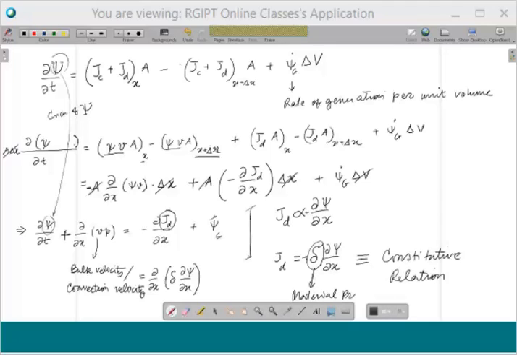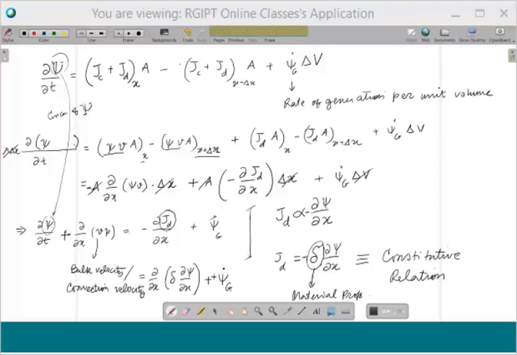This will have different meaning in the context of different psi. For example, as I told you just now, if you take big psi to be mass, then this is nothing but a diffusion coefficient. If you take this to be momentum, then this will actually be a kinematic viscosity. We'll see that. And then plus psi g dot.